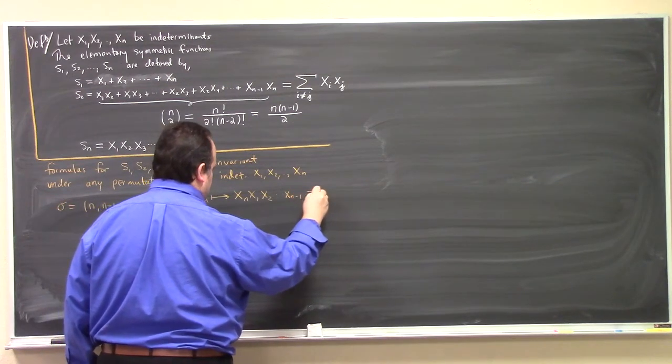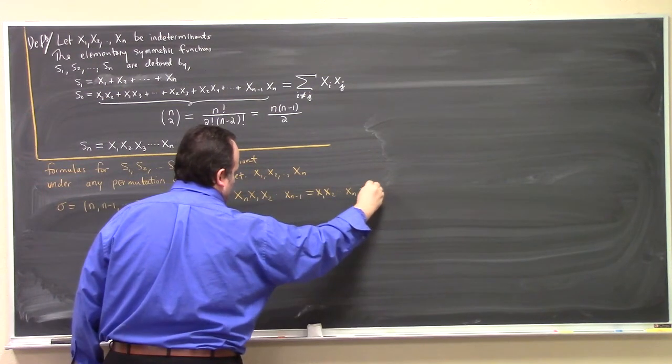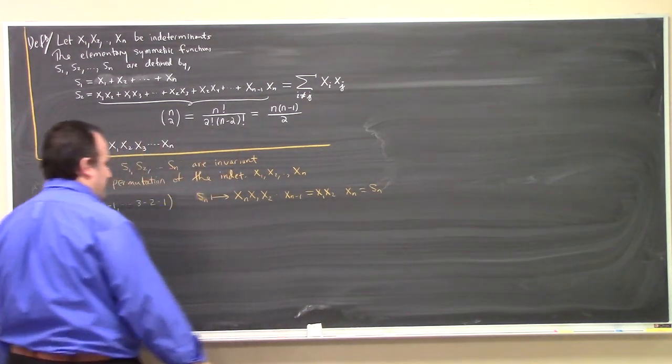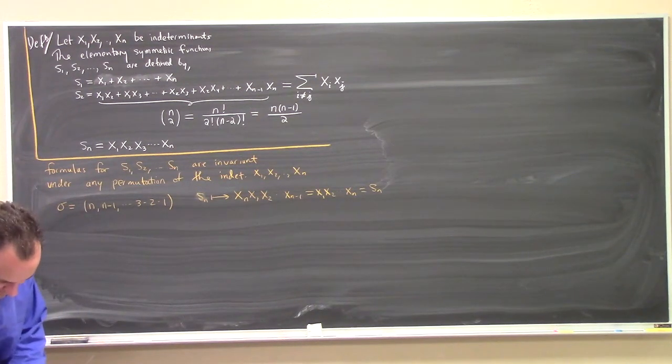But of course, that's just equal to Sn again. So all of these formulas are invariant under a permutation of the indeterminates.